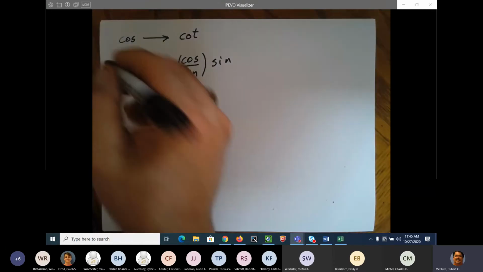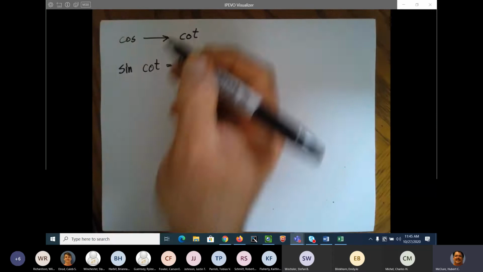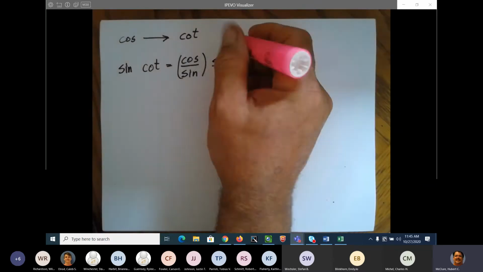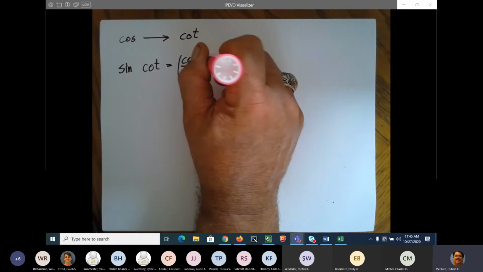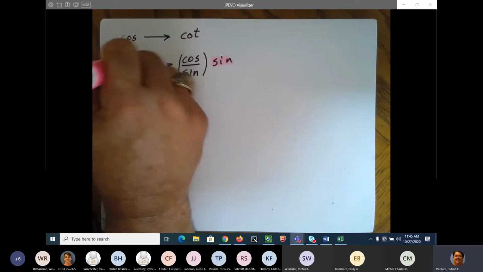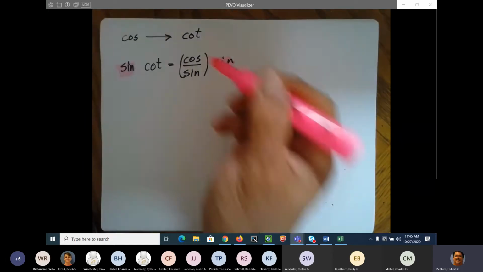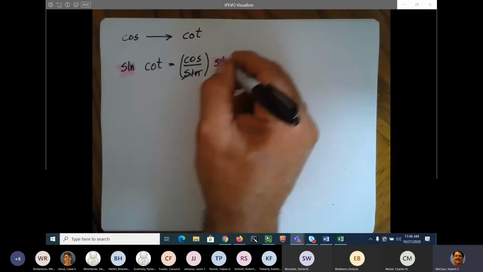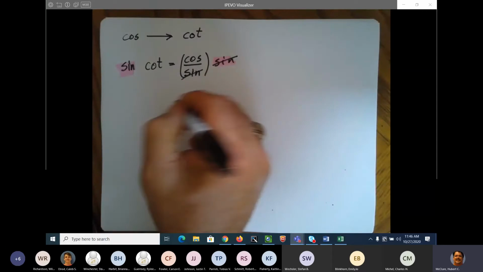Okay, I'm going to multiply by sine. There we go. This is the actual identity right here. And cosine is equal to sine times cotangent.